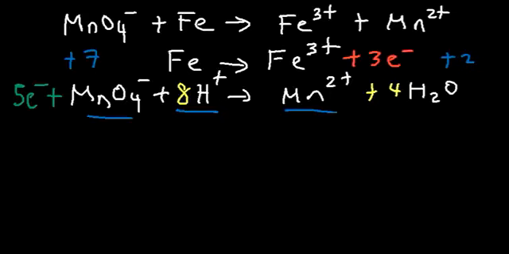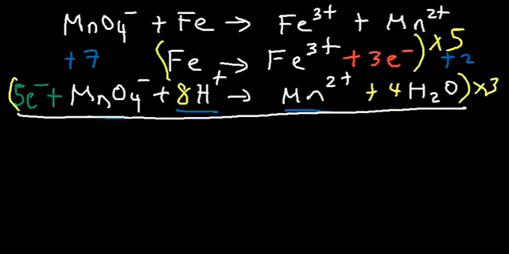The least common multiple between 3 and 5 is 15. So we're going to multiply this equation by 5 and this by 3. So now we have 5Fe, 5Fe3+, and 15 electrons.